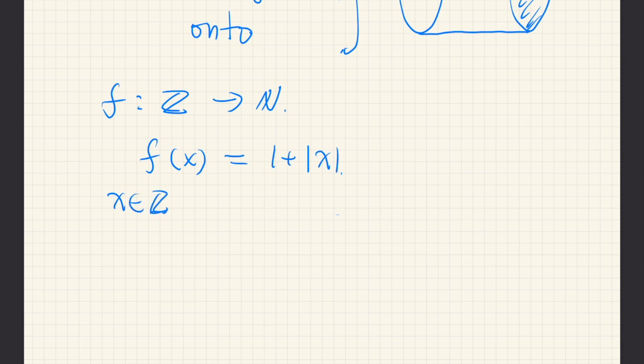Since x is an integer, the absolute value of x is a non-negative integer, but we add it to 1, so this is a natural number, and every natural number can be expressed in this form, where x is any integer. Therefore, this is a surjection.